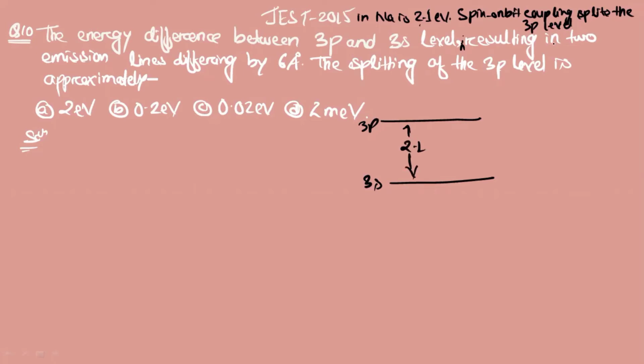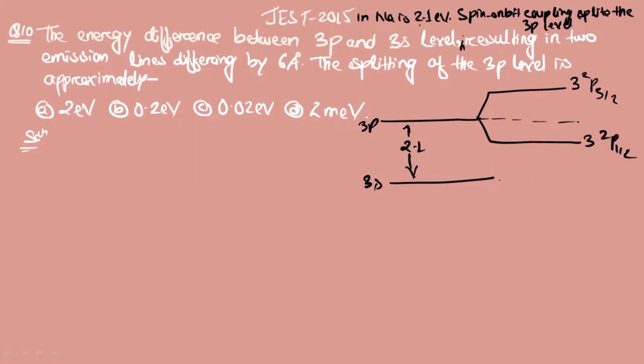Spin orbit coupling, we know, is the sum of spin angular momentum and orbital angular momentum. So due to spin orbit coupling, it is splitting the 3p level into 2 emission lines. So you can see here, this way it will be emitted into 2 lines, and we know how the splitting is done. It will be 3p 3/2 and this is 3p 1/2.